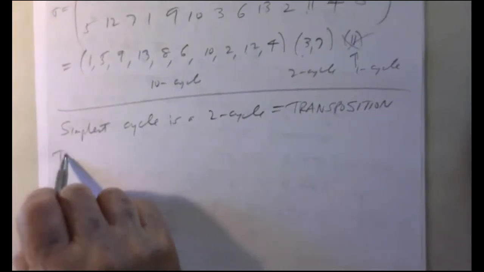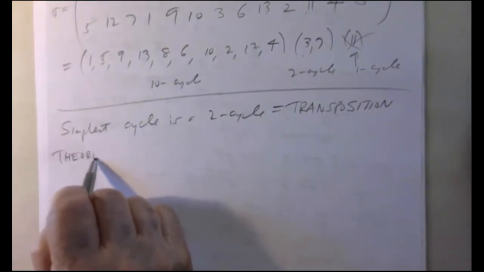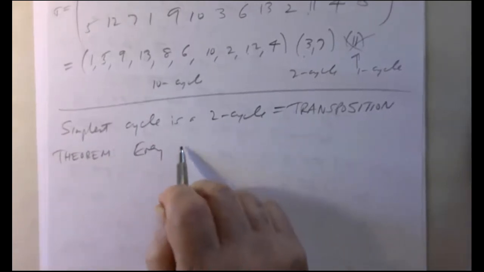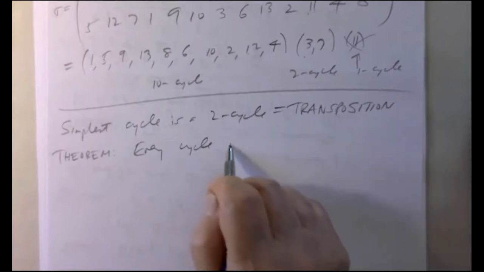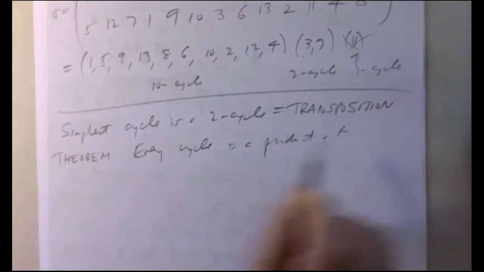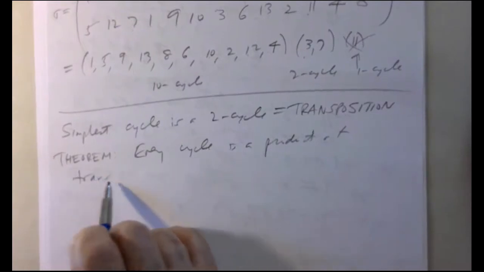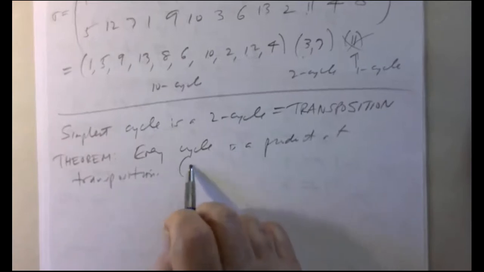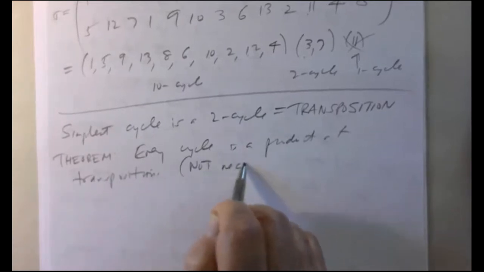And we have another decomposition theorem that says every cycle is a product of transpositions, but not necessarily disjoint.